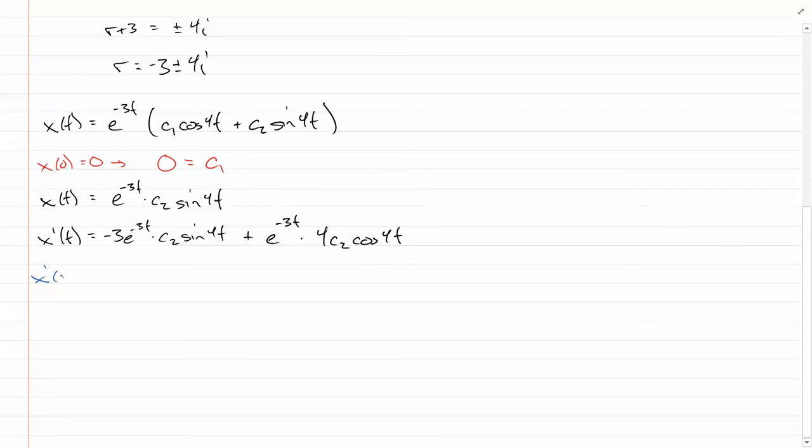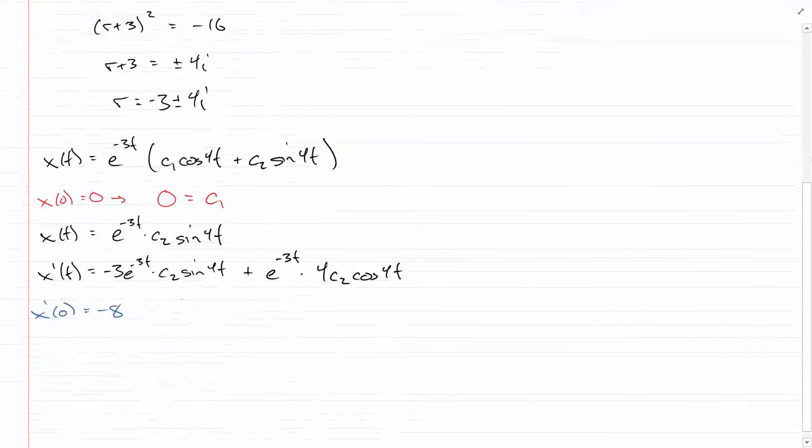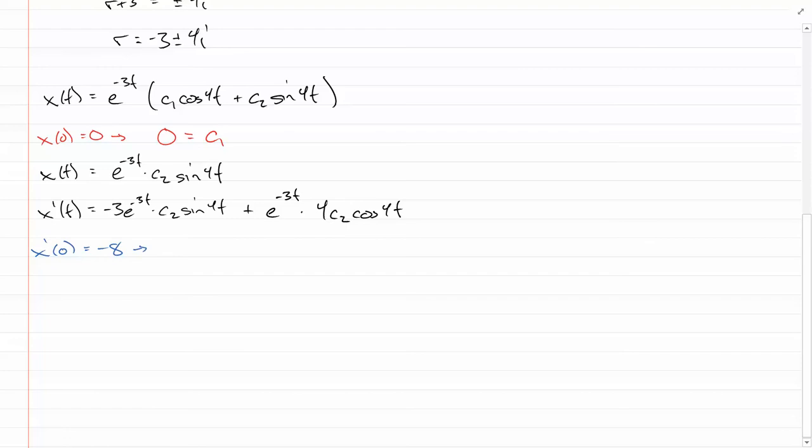The fact that x prime of 0 was -8, that was the initial condition, tells us that -8 would be equal to what happens when I plug in t equals 0 here. When you plug in t equals 0, the first term just becomes 0. The second term becomes 4c2.